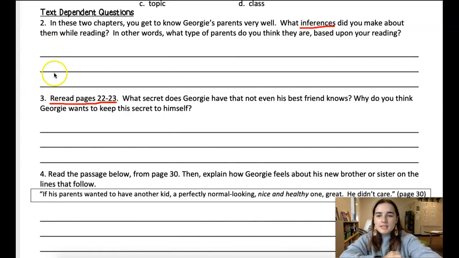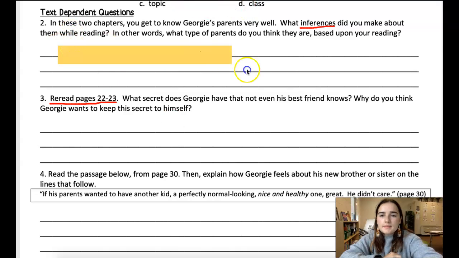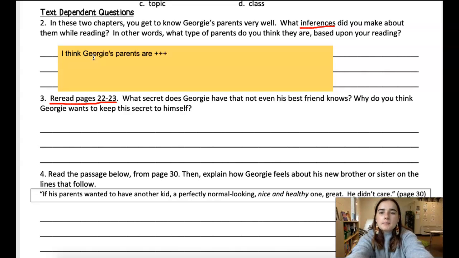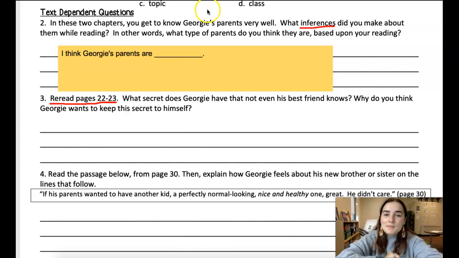So I'm going to give you a few tips to start out your answers for these text-dependent questions. For number 2, you can say, "I think Georgie's parents are blank." Do you think they are kind? Do you think they are helpful? What kind of character traits do we know about them? We know that they are musicians, so you could add something about that.